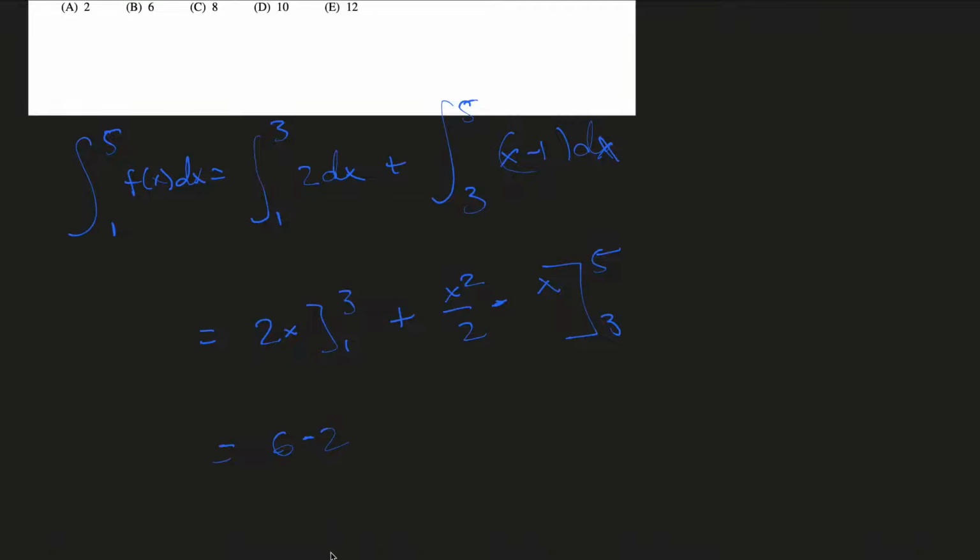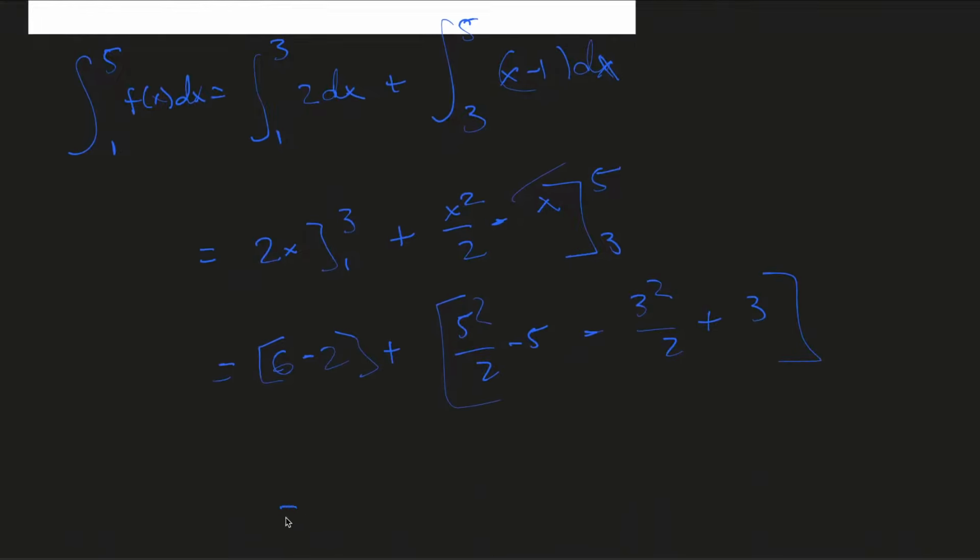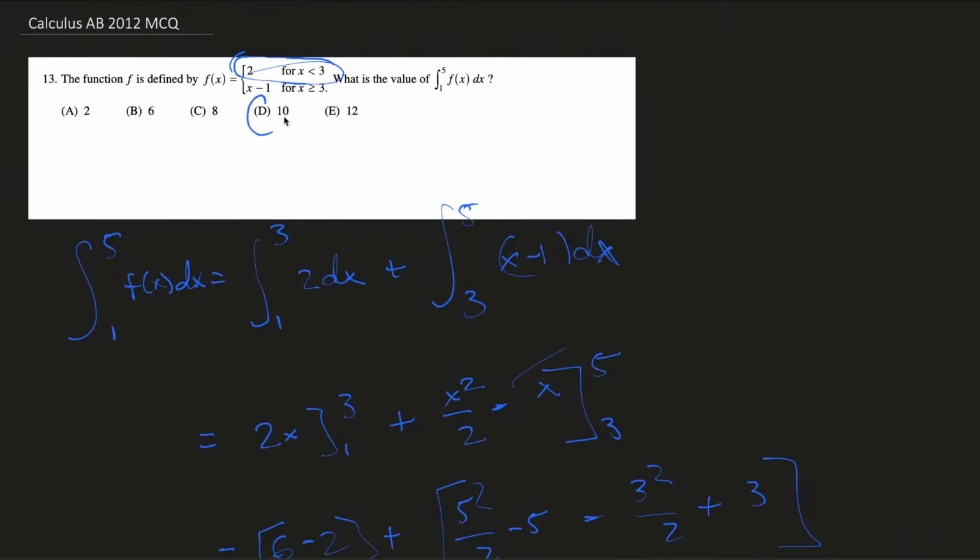That's our first part. Plus, now we plug in the 5 into these: 5 squared over 2 minus 5, minus 3 squared over 2 plus 3. I already distributed the x's. So the final answer comes out to be D, which is 10.